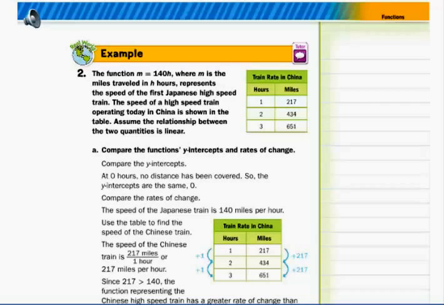So Japanese train, the rate of change, which even whenever we have our y equals mx plus b, or even our direct variation of y equals mx, the rate is always the one in front of the x, right? So the Japanese train's rate is 140.